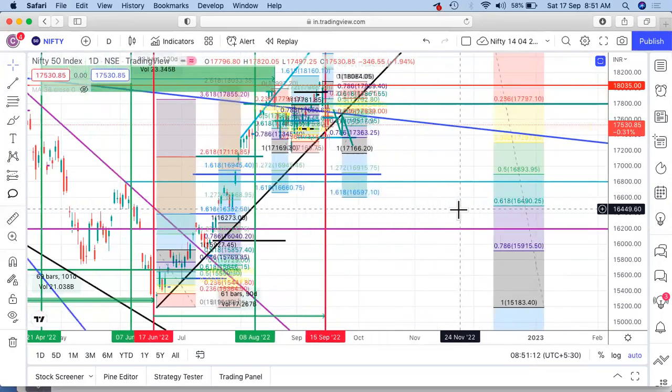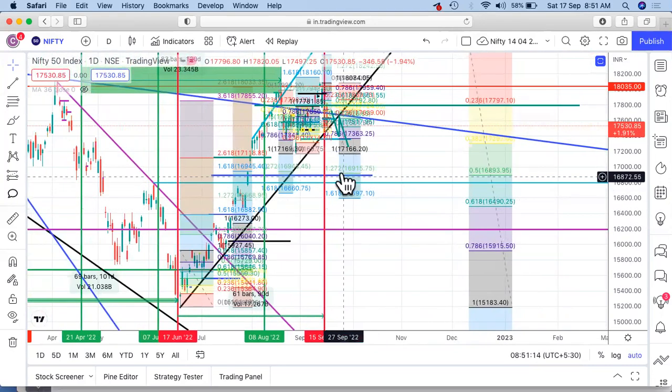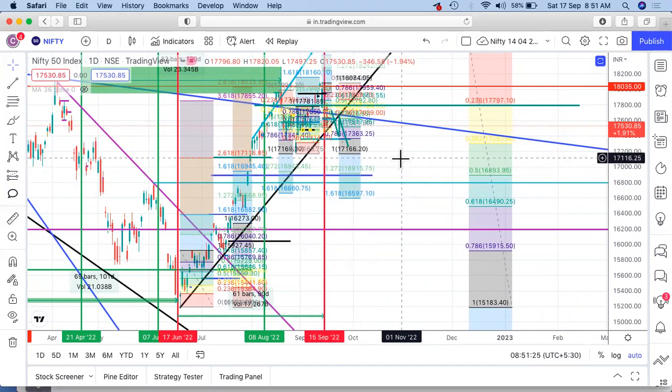And if the 50% reversal comes down, our level should be somewhere around 16,893. So we'll try to catch that. And if the market comes down to those levels and again tries to push up, then we would be quite positive about the market again going for a few strong upward positions, right?